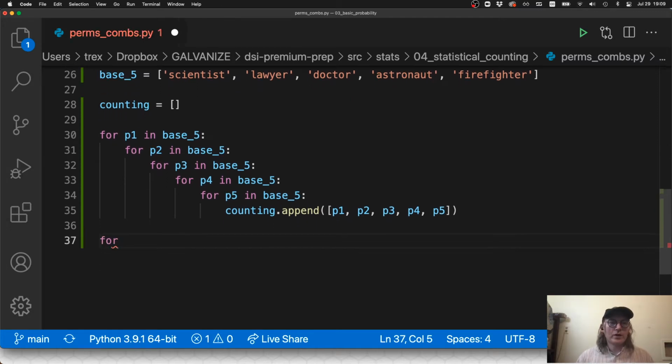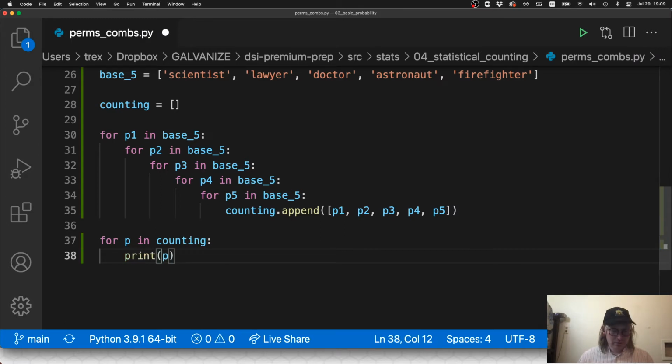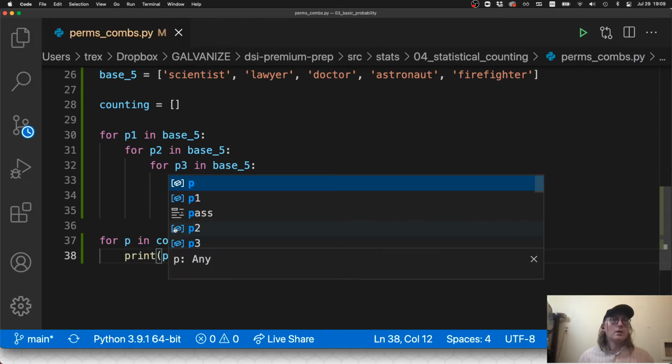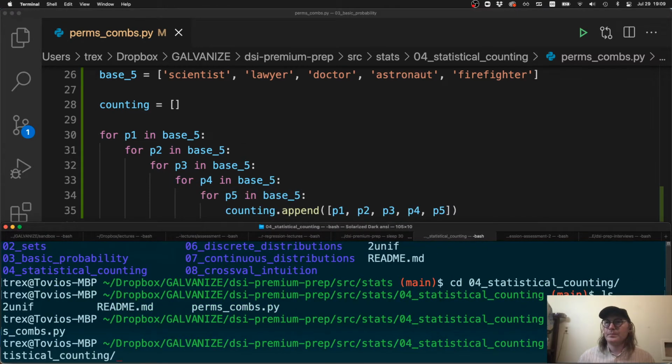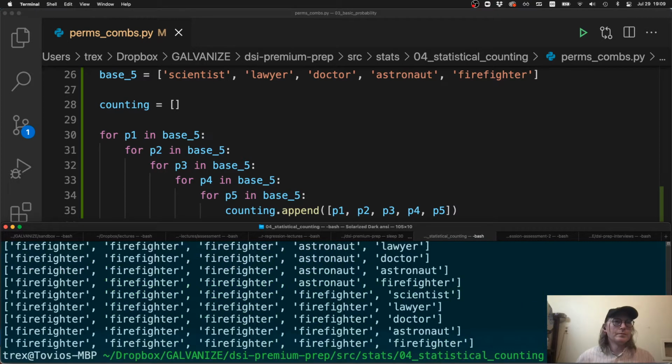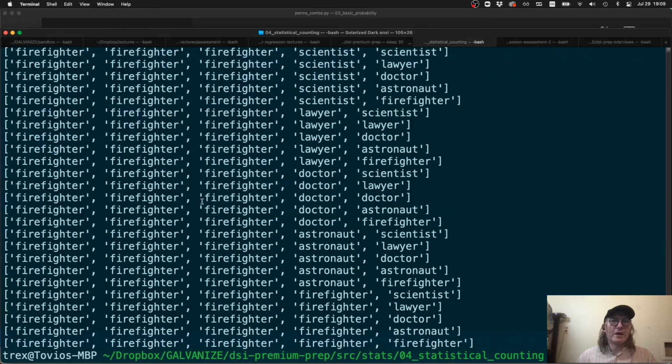So if we want to take a look at what this looks like, we can say for person in counting, let's just print that list and see what it looks like. Okay. And we have counted, right?